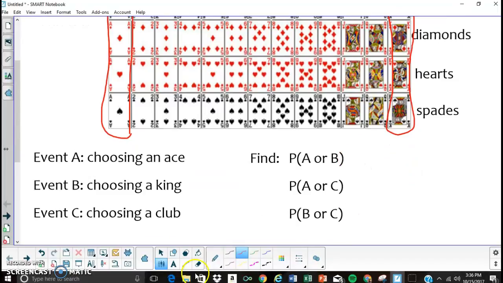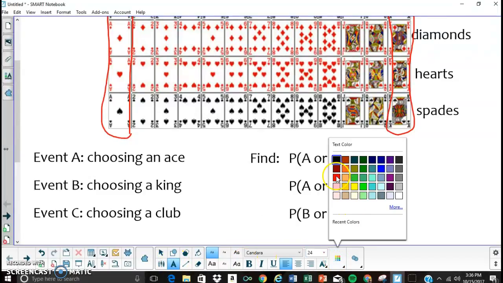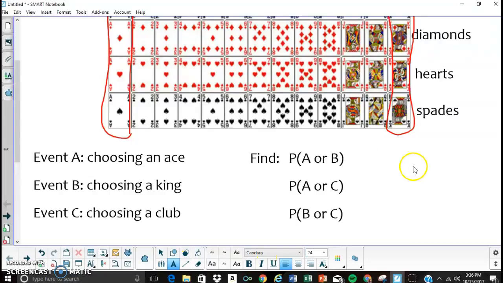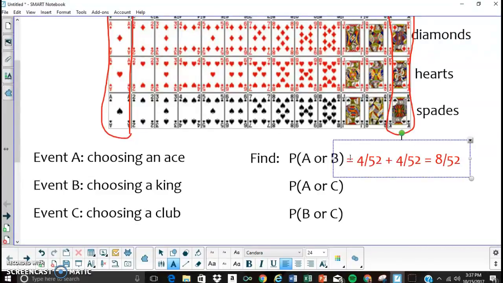So I end up with 4 out of 52 cards that are aces, plus another 4 out of 52 cards that are kings, which leaves me with 8 out of 52 cards that are either aces or kings.